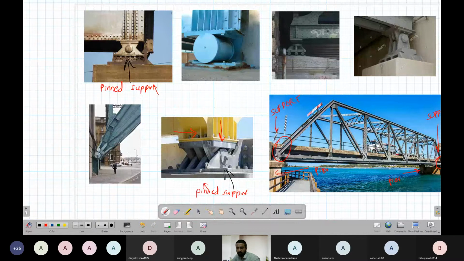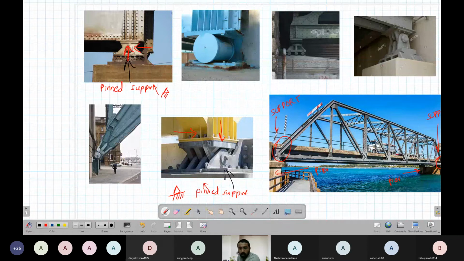But the applied force will not move it in that direction. It can rotate, though. That is why this is a pin support. This support is represented like this. This can give a reaction in this direction and a reaction in this direction.